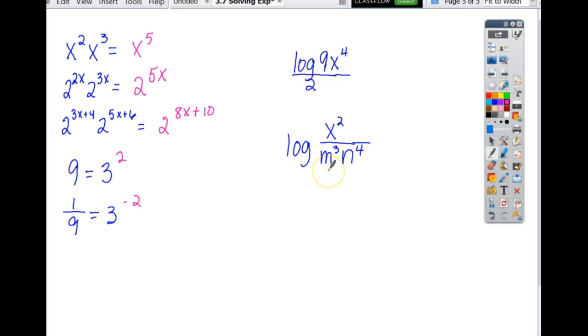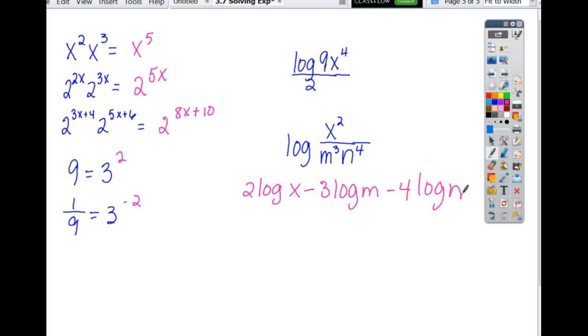So if I have this and I want to expand it, I'm going to do the bottom one. So I get, what happens to the variable? Okay, so I have 2 log of x. And then where does the 3 go? And it's minus. And the 4, so it's minus 4 log of n.